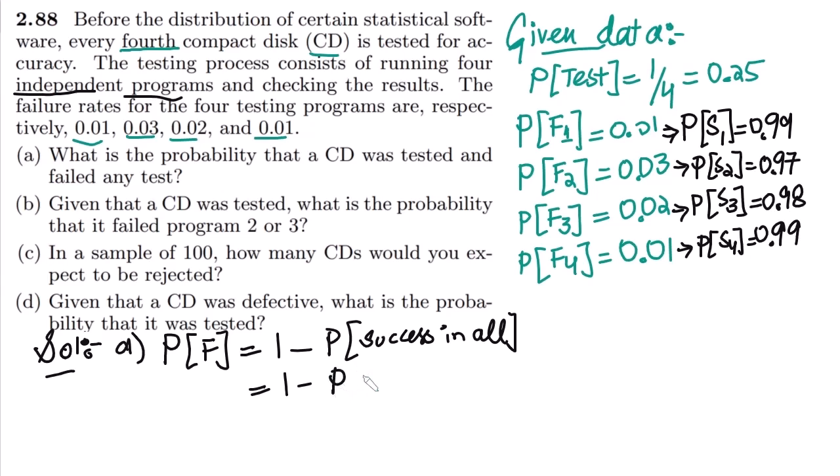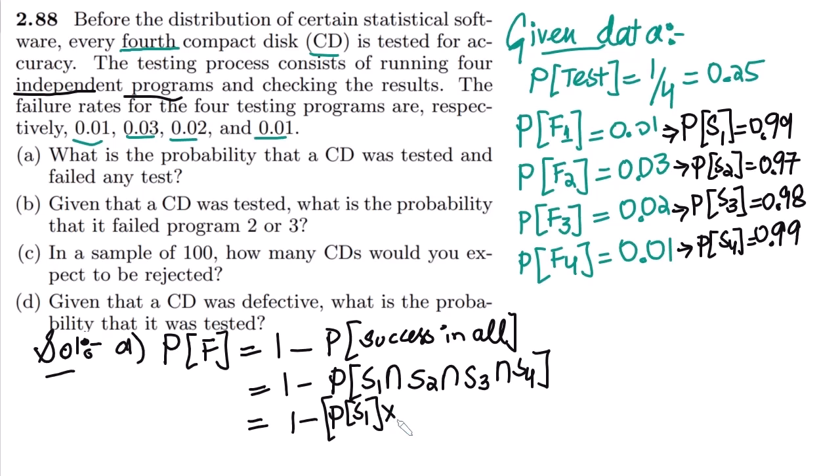So it would be the probability of S1 and S2 and S3 and S4, which would be 1 minus the probability of success in S1 multiplied by the probability of success in S2, multiplied by the probability of success in S3, and multiplying it with the probability of success in S4. Okay, so let me write their values and let me start it here.